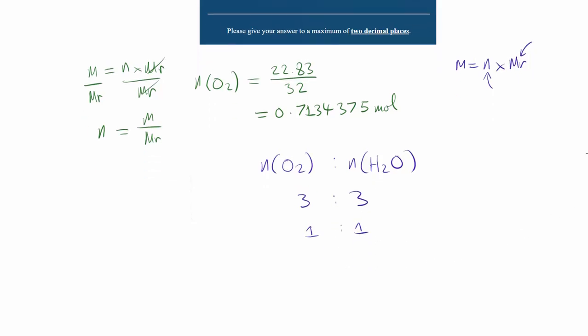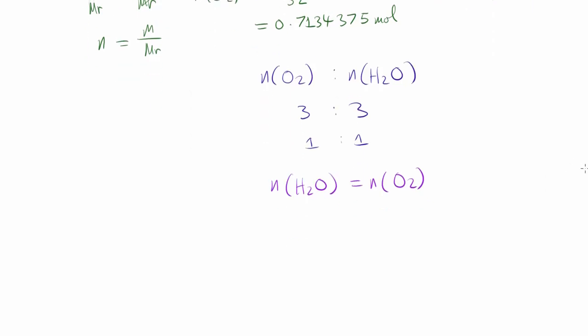And what does that mean? Well, what that tells you is that the moles of H₂O is equal to the moles of the oxygen, which we already know what that is, right?